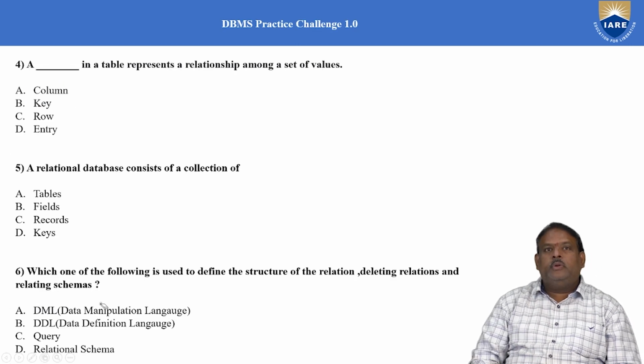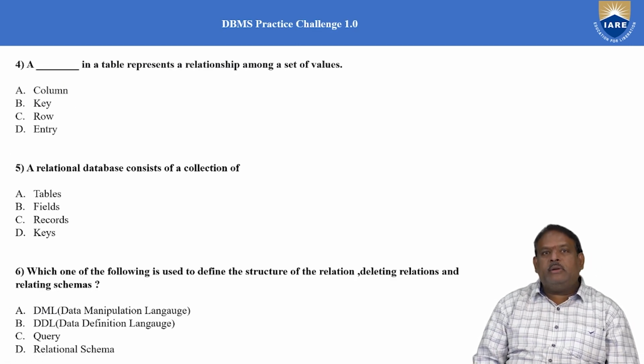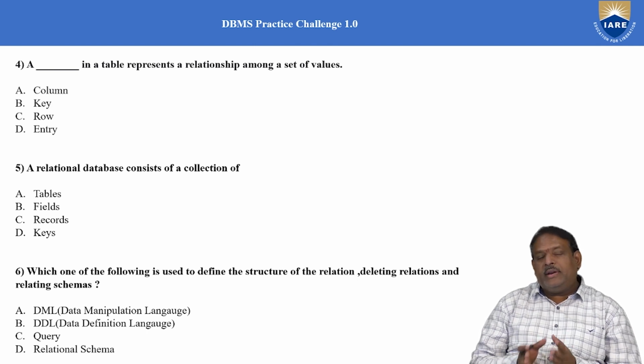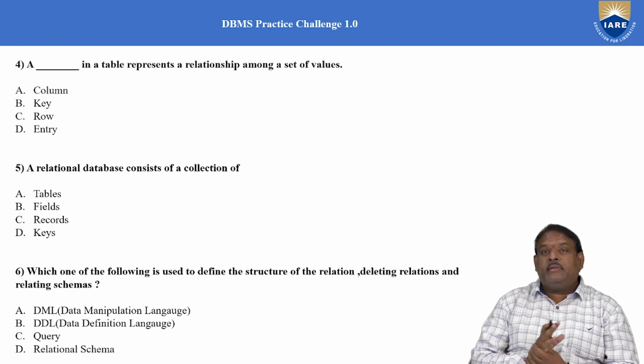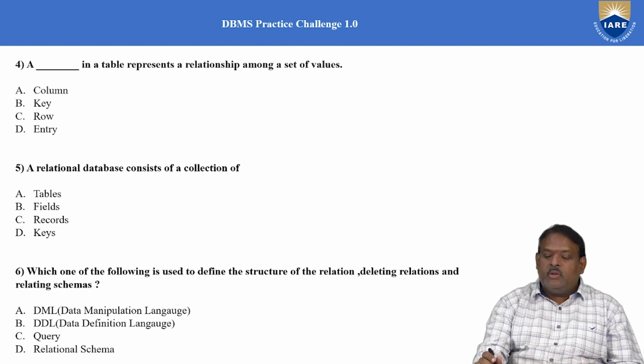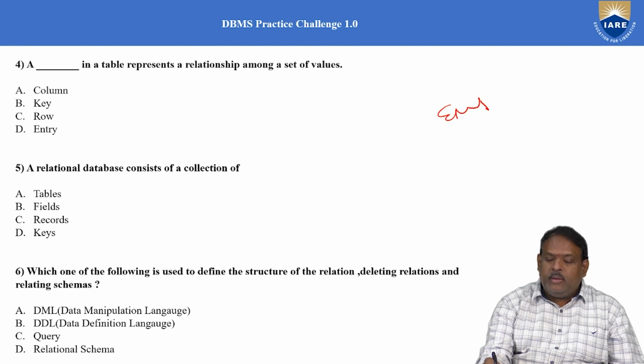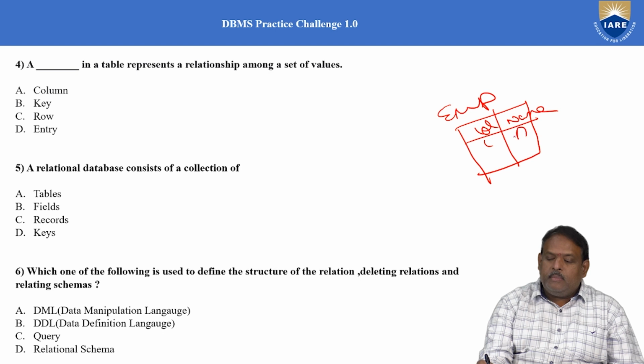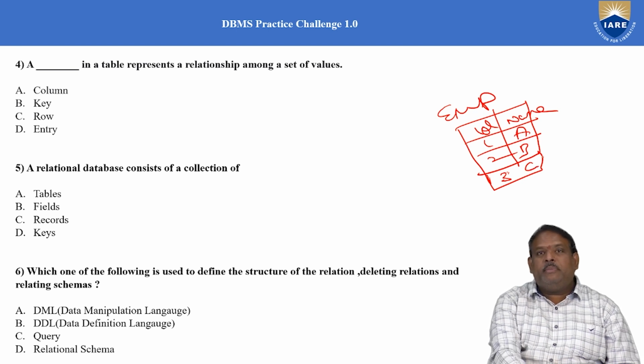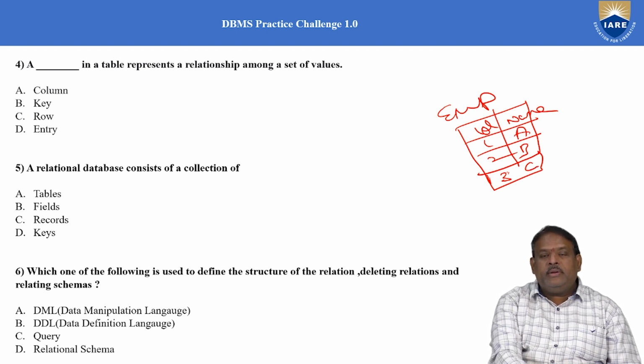Good, next question. Okay, dash in a table represents a relationship between a set of values. For the same example, EMP, we have two columns here, one ID and name, A, second row is B, third row is C. Now dash in a table represents a relation among a set of values.